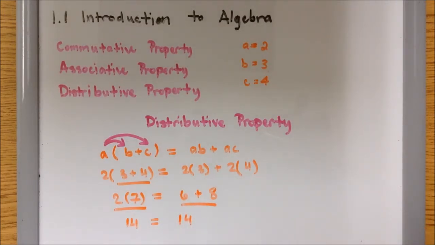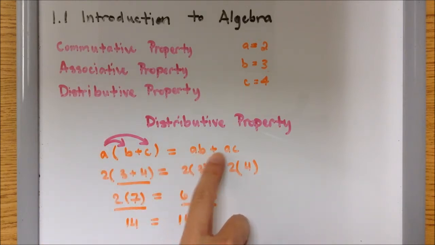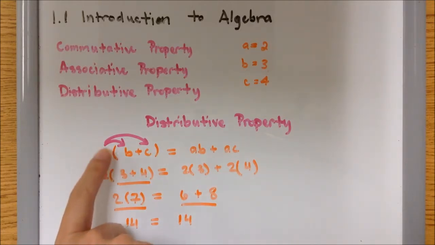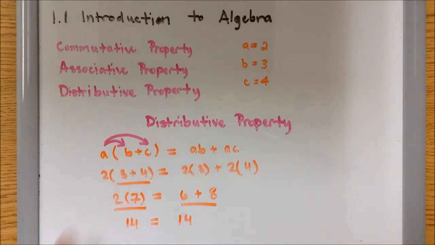So, distributive property, where the A was distributed to everything inside the parenthesis, so A times B plus A times C. Now, it doesn't mean I'm always going to be using A, B, or C all the time. Regardless of what variable you use, regardless of what letters you use, the process is the same. Anything that is in front of the parenthesis is distributed to everything that's inside, meaning multiply.